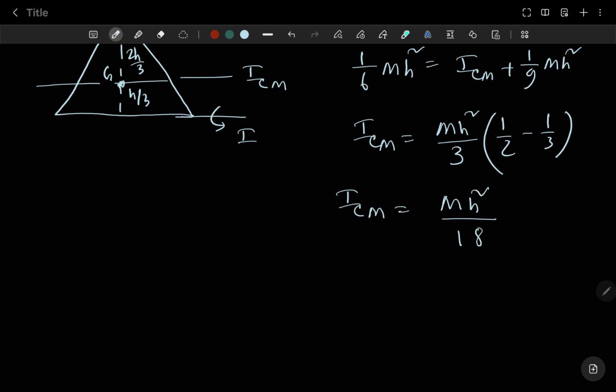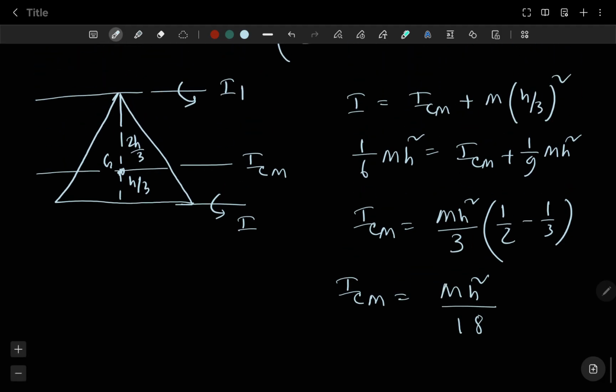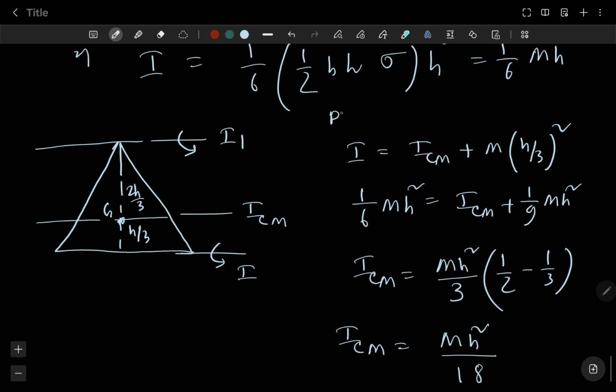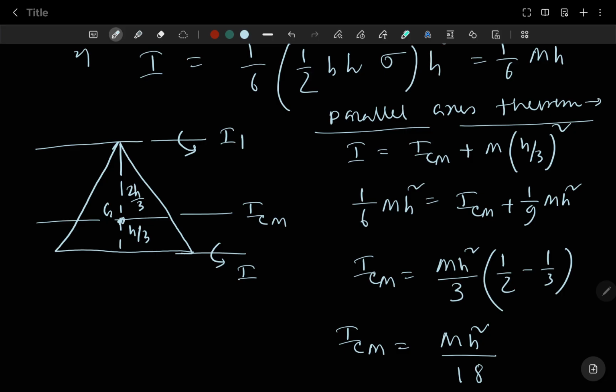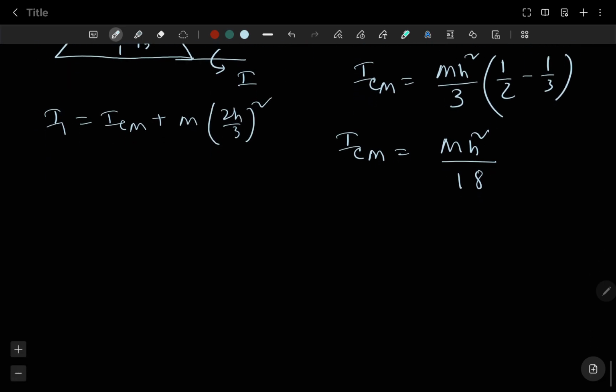Now we can again use the parallel axis theorem. We have used the parallel axis theorem here. Again we can use it to find I1. So I1 will be I CM plus m (2h by 3) square. So it will be m h square by 18 plus m 4h square by 9.